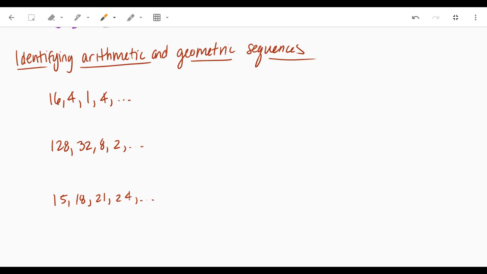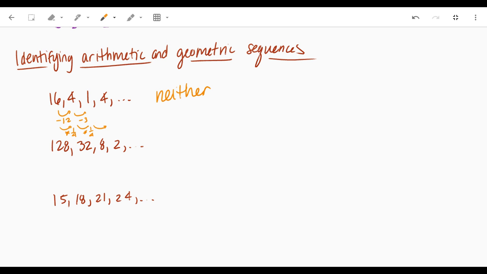For the first one, if it was arithmetic, this would be minus 12, and that's already not minus 12, so it's not arithmetic. If it was geometric, I'd be multiplying by 1/4. And then times 1/4, that's working. Oh, but 1/4 times 1 is not 1/4 times... so it's neither. There's no constant difference or constant ratio.